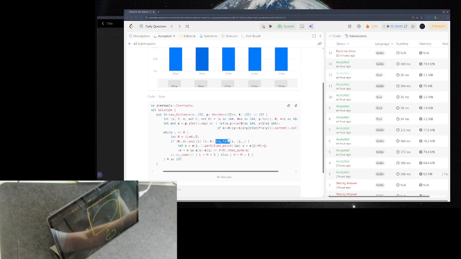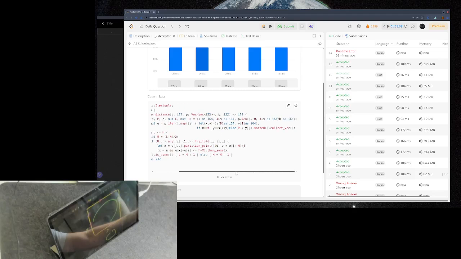You return sum, and if you return a value, then it is the answer. And also partition_point is kind of shorter than the binary search, and I use this slice from j, and you have to add j at the end. Also I used i64. So I think that's it for today.